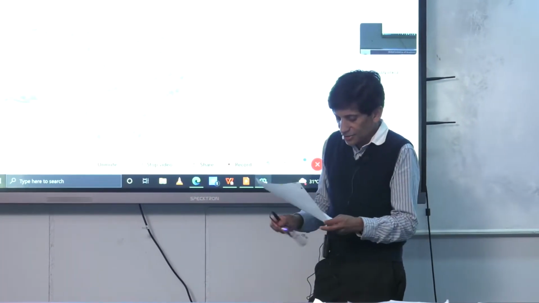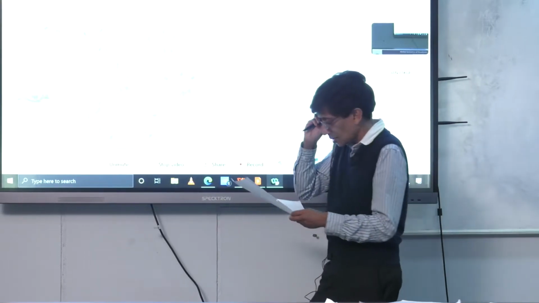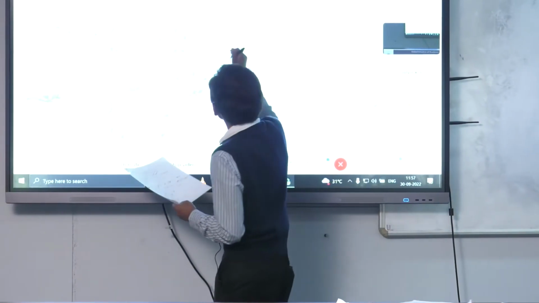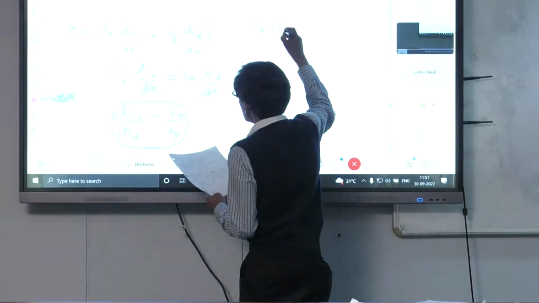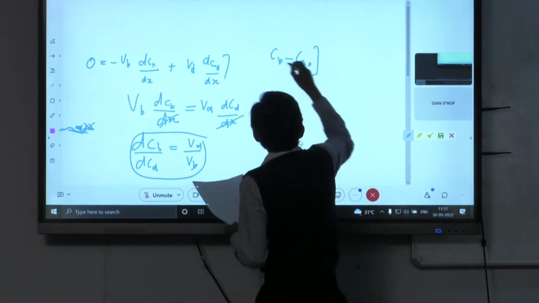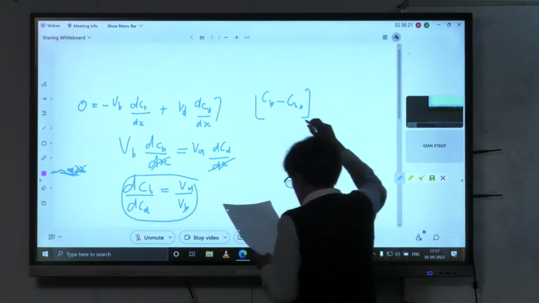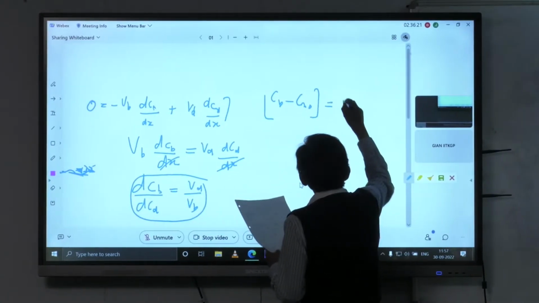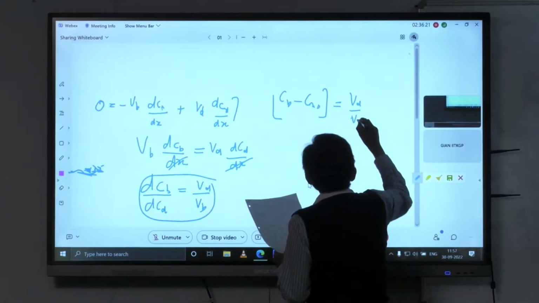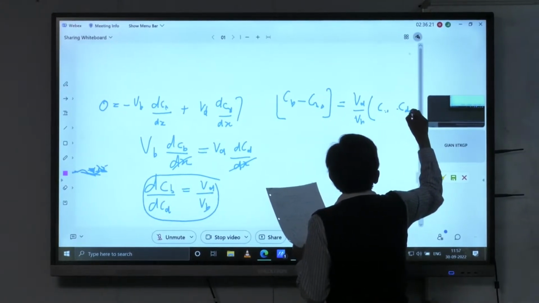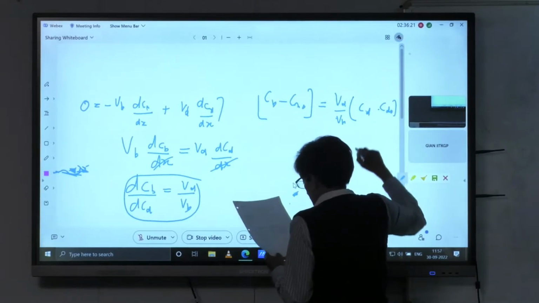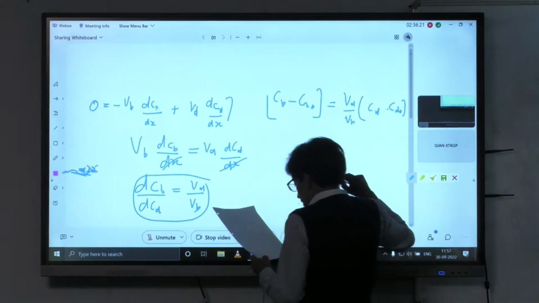All right, and then actually this one turns out to be fairly easy to solve at this stage, because you just integrate and you say Cb minus Cb naught equals Vd divided by Vb times Cd minus Cd naught. Okay, and then you can rearrange this.